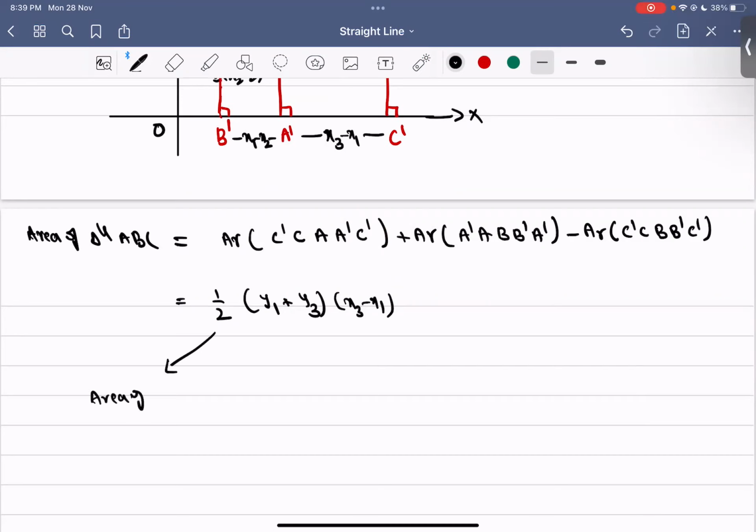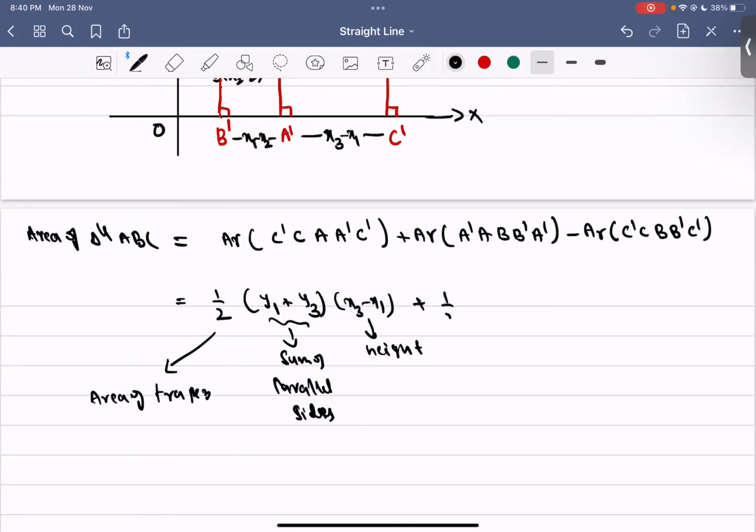The area of the trapezium. This is the sum of parallel sides, and this one is the height. So this is the area of the trapezium.